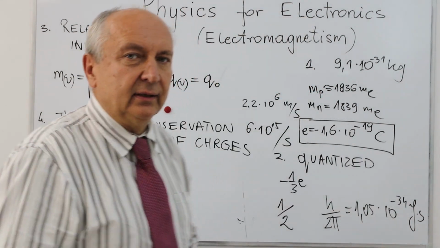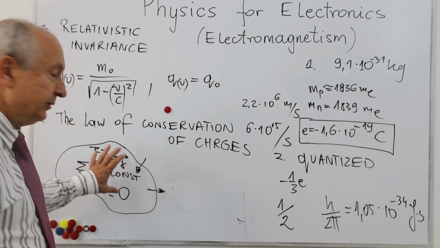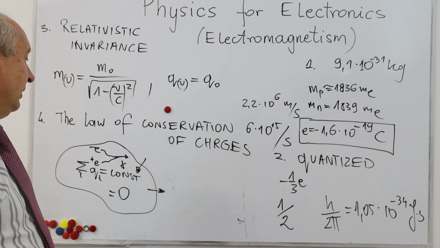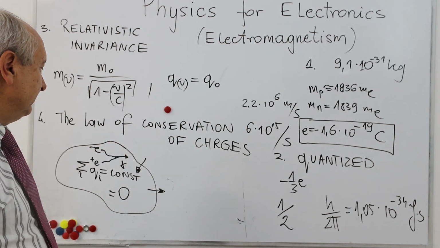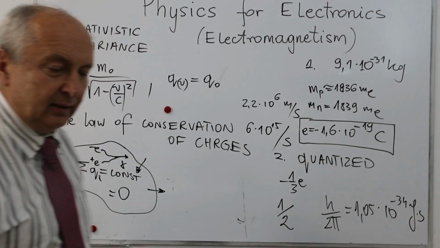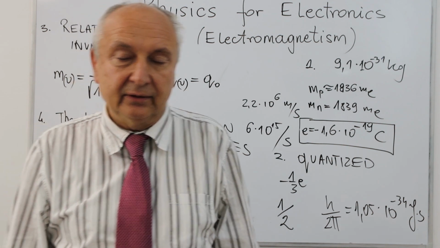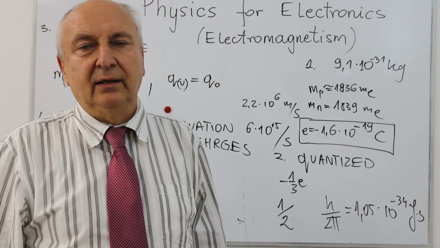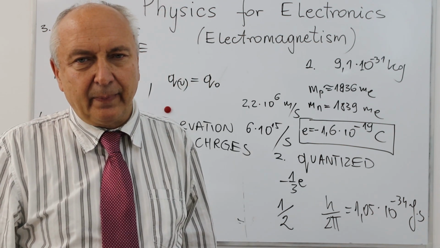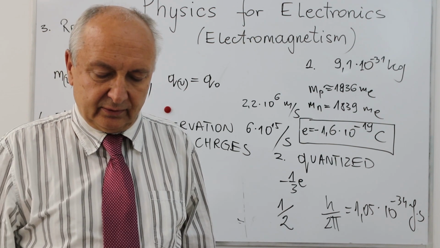So the algebraic sum will not change. And the same we have for all phenomena in physics: we can't find a phenomenon that destroys only one kind of charge.